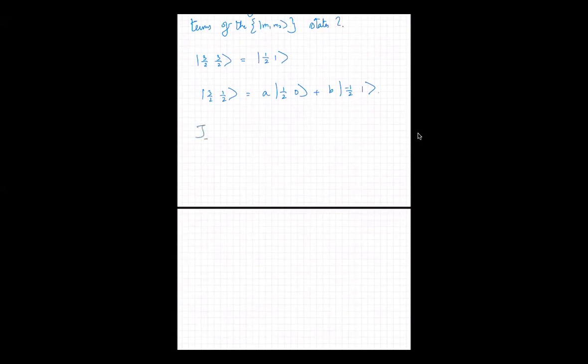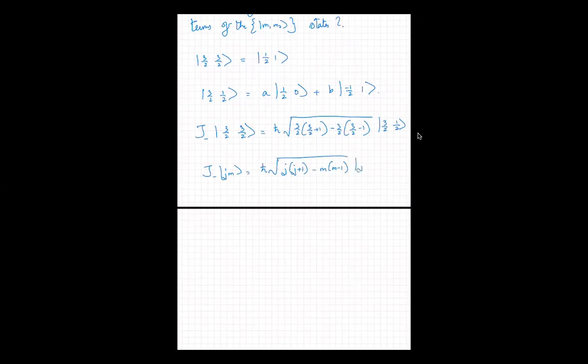So J minus acting on 3/2, 3/2 is equal to h bar times the square root of j times j plus 1, which is 3/2 times 3/2 plus 1, minus m times m minus 1, which is 3/2 times 3/2 minus 1, times 3/2, 1/2. Remember that J minus acting on jm is h bar times the square root of j times j plus 1 minus m times m minus 1, times j, m minus 1. I'm using this particular formula here.